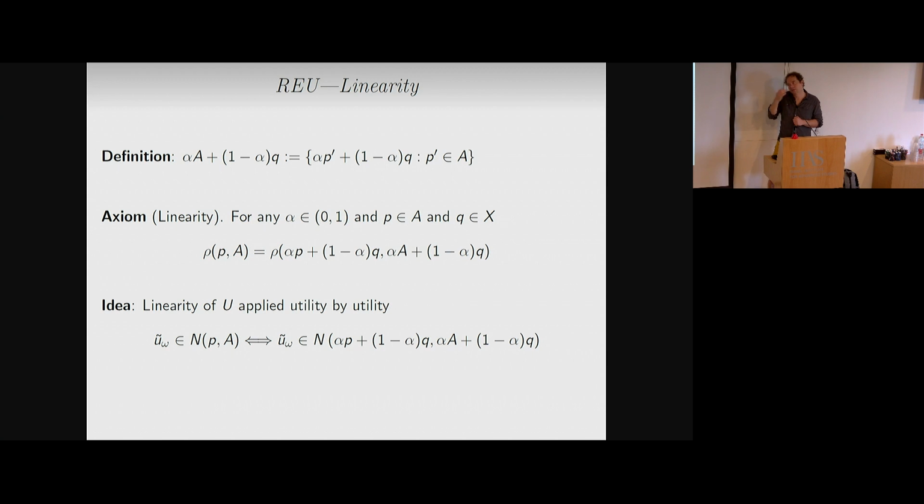And you can see why this axiom must be necessary if we have a random expected utility representation. It's necessary because these n sets are linear in probability. So if little u belongs to n of P, A, then it also must belong to n of alpha P plus 1 minus alpha Q, in the mixed menu.